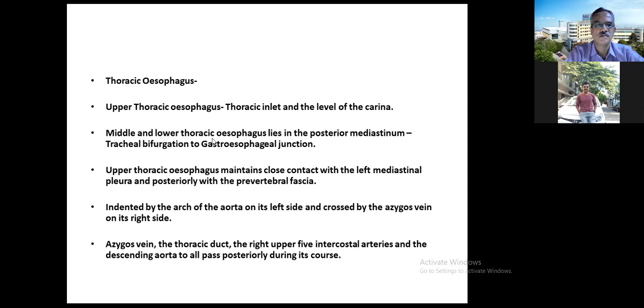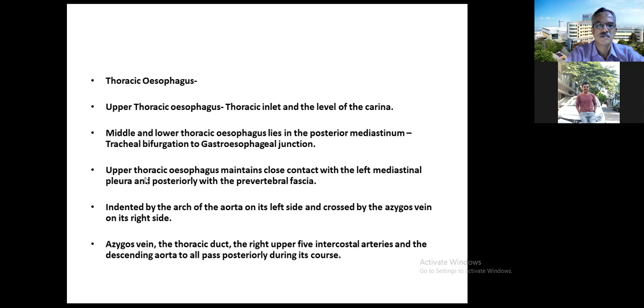The middle and lower thoracic esophagus is from the level of tracheal bifurcation up to the gastroesophageal junction. The midpoint between the tracheal bifurcation and the gastroesophageal junction divides it into the middle thoracic esophagus and the lower segment, the inferior segment.